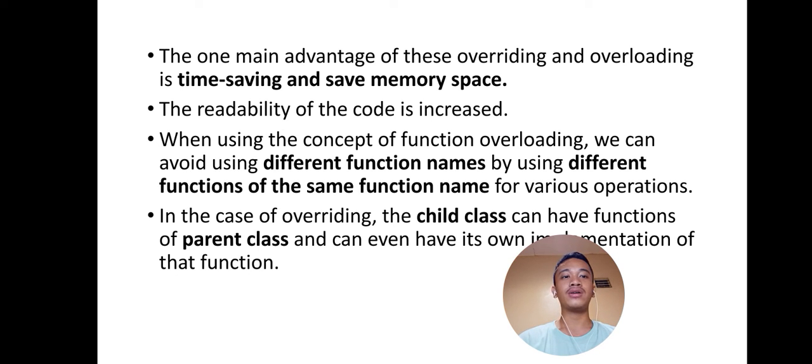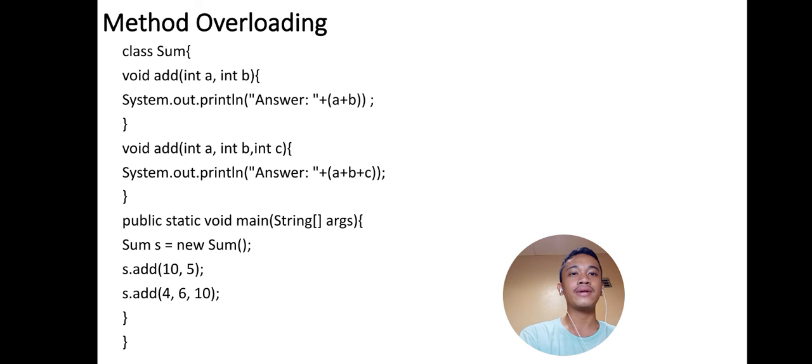Next, when using the concept of function overloading, we can avoid using different function names by using different functions of the same function name for various operations. So what does it mean? Let's go back to the example of our overloading.